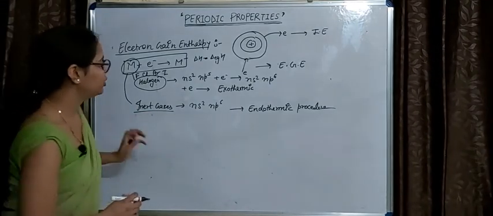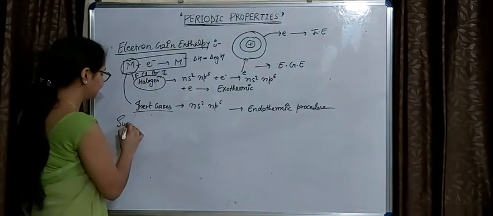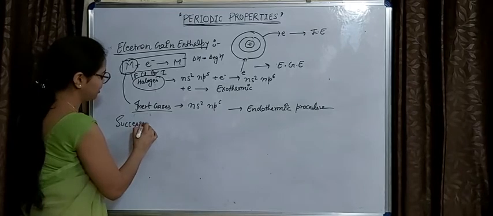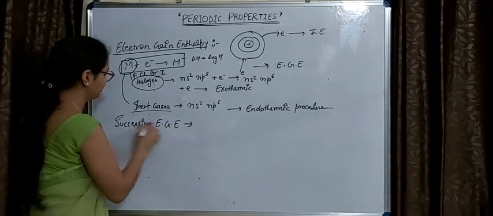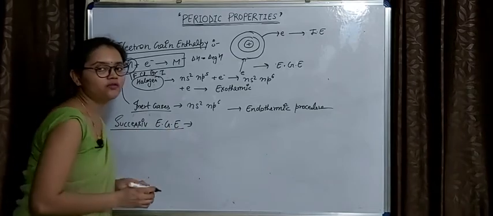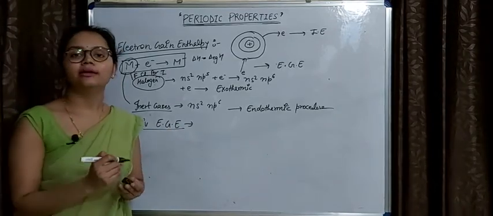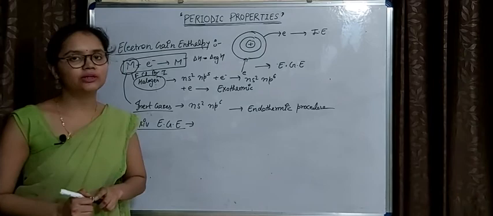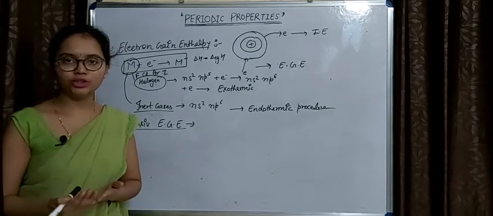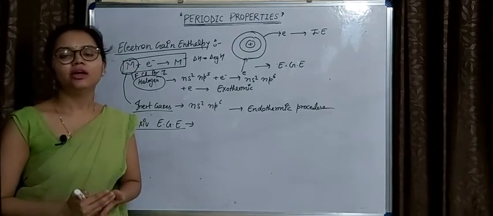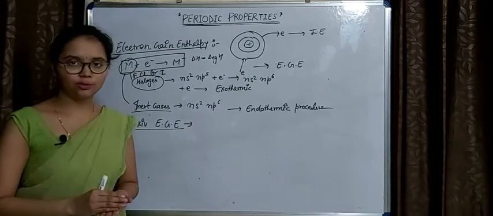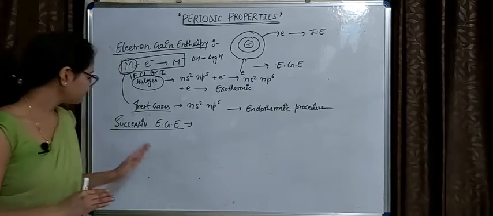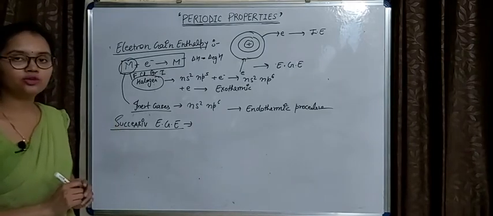Okay, now we'll talk about the successive electron gain enthalpy. As I told you in the case of ionization enthalpy, we can remove more than one electron from the outermost shell. Okay, similarly we can add more than one electron to the outermost shell. So what is successive electron gain enthalpy?